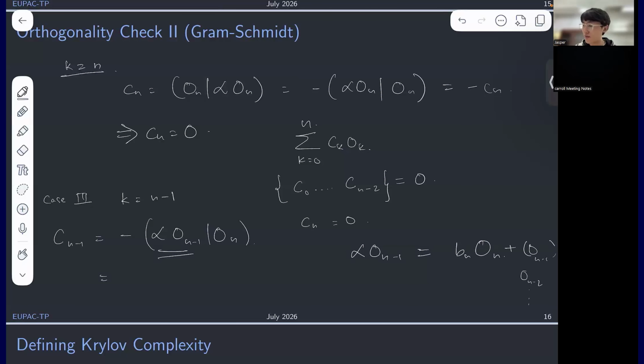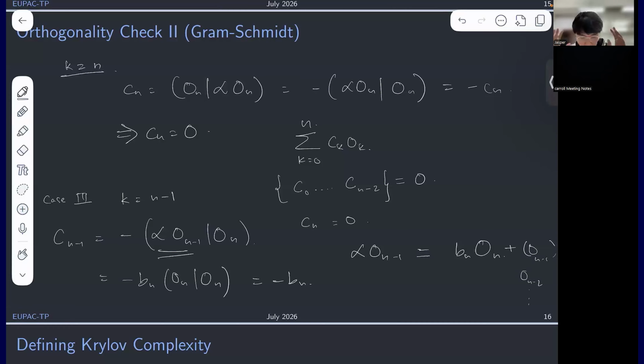It will go to 0, right? This will be minus Bn. Whatever, not minus Bn, this is Bn.